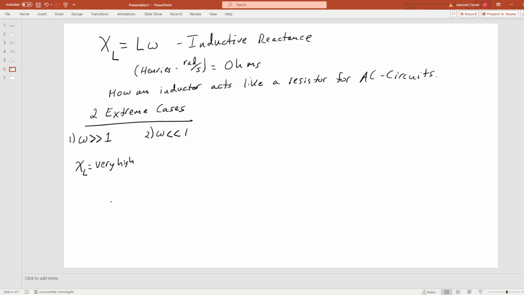And if you think about it, this should make some sense, because for an inductor, your back EMF is equal to negative L di dt, right? And so if this is a very rapidly oscillating source, then di dt is very large.